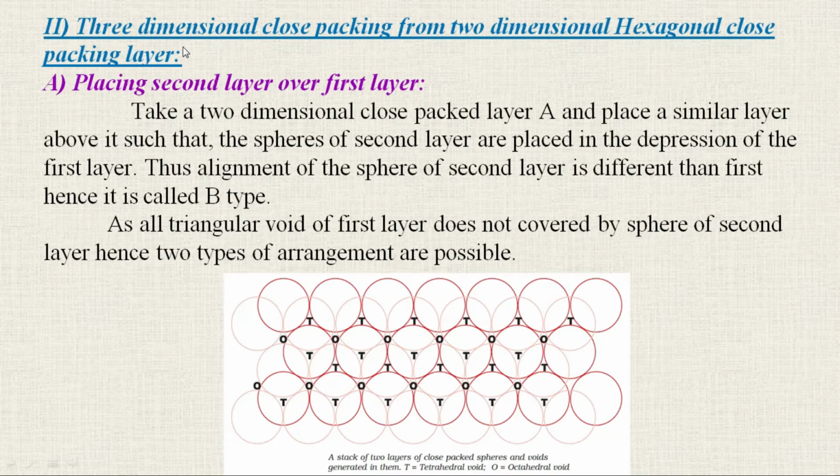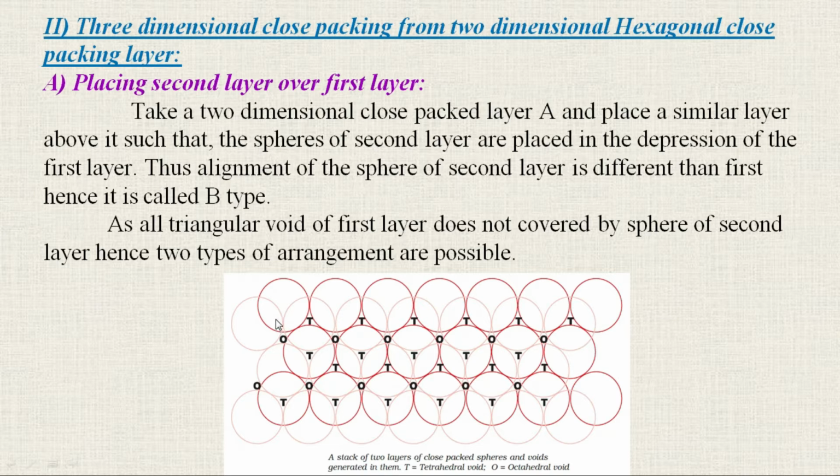The second possibility is three-dimensional close packing structure from two-dimensional hexagonal close packing layer. To form it, first let us place a second layer over the first layer. As we can observe in this diagram, the dark red circle indicates a spherical particle placed in the first row, and the light pink spherical shapes are the particles from the second row.